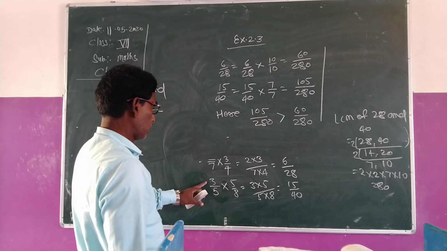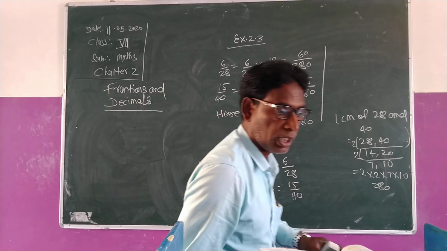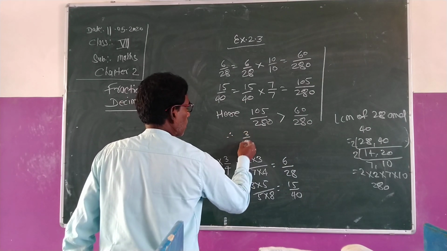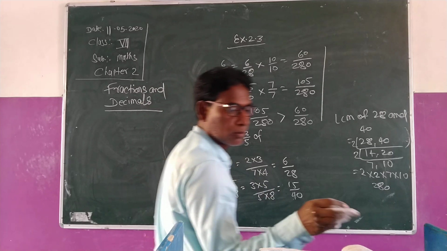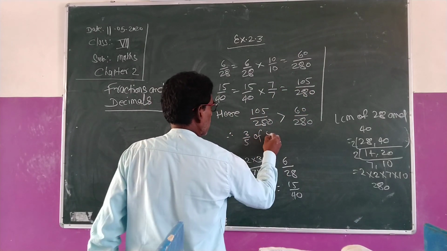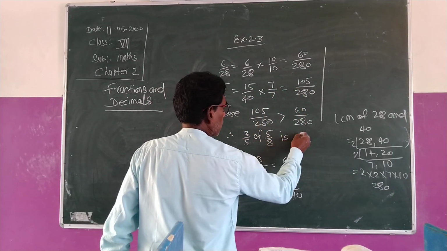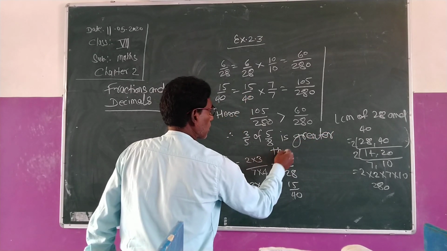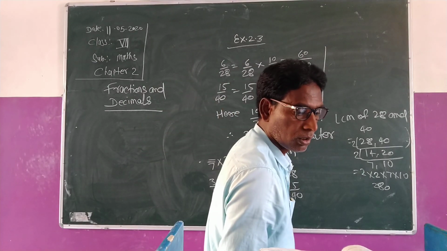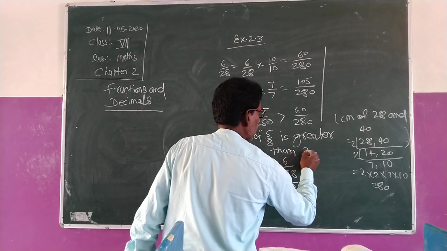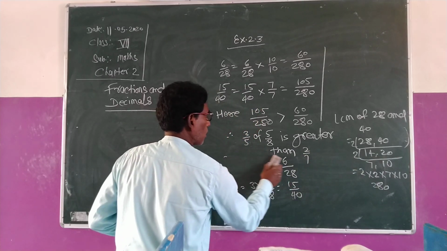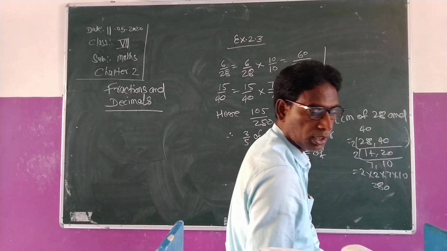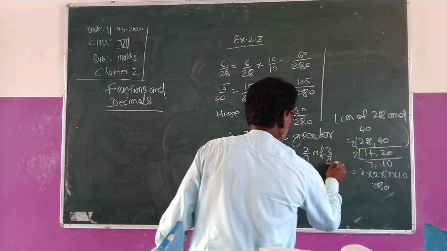Therefore 3 by 5 of 5 by 8 is greater than 2 by 7 of 3 by 4.